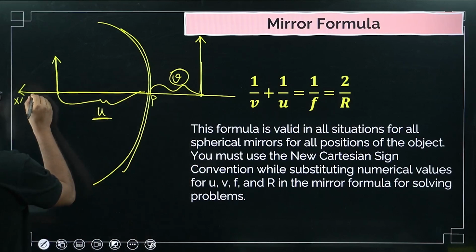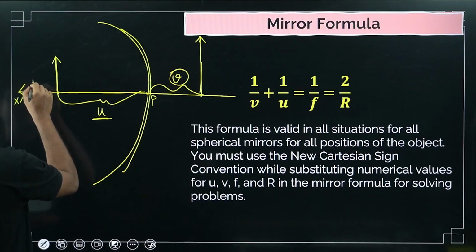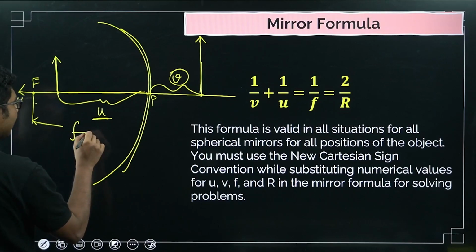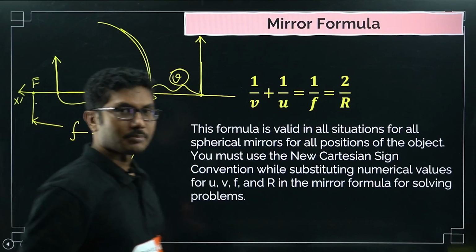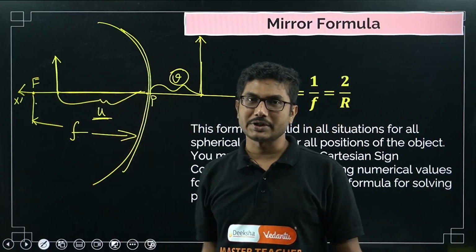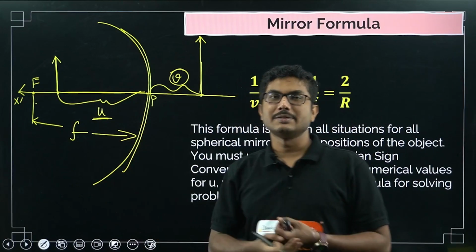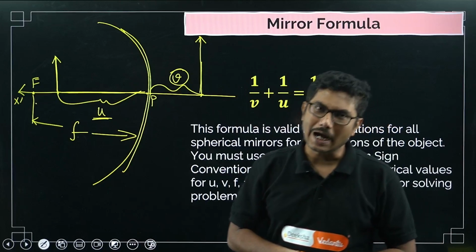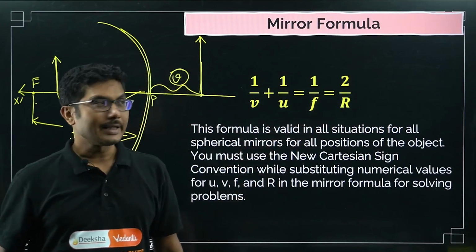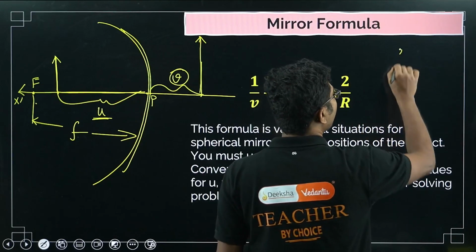Wherever the focus is, that distance is basically our f. I already said focal length is denoted by the symbol f, and the radius of curvature of the mirror, which is further away on this side, is represented by r. We already know the relationship between f and r, right? f is equal to r by 2.